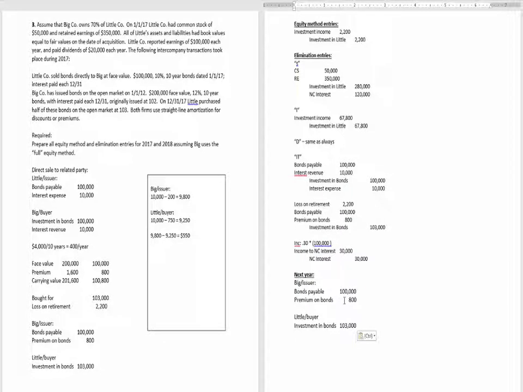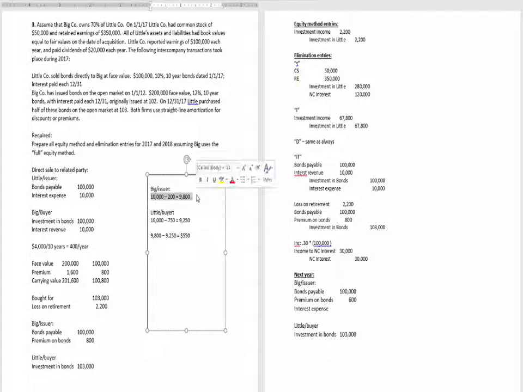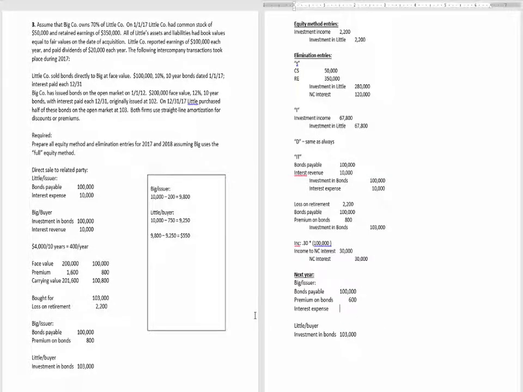The bonds payable is still $100,000. The premium now is down to $600 because of another year's worth of amortization. Additionally, Big the issuer has interest expense related to this intercompany bond relationship. Interest expense, we've got that right over here already, $10,000 coupon minus $200 of premium amortization for $9,800.